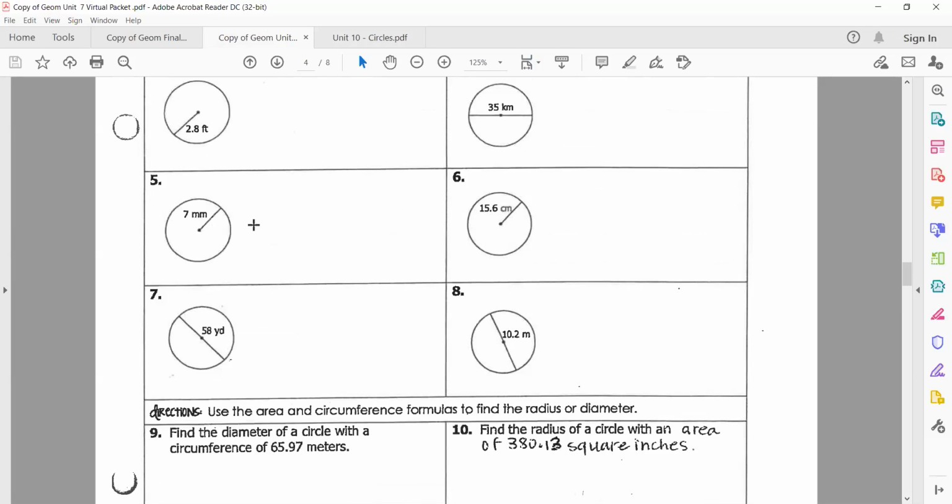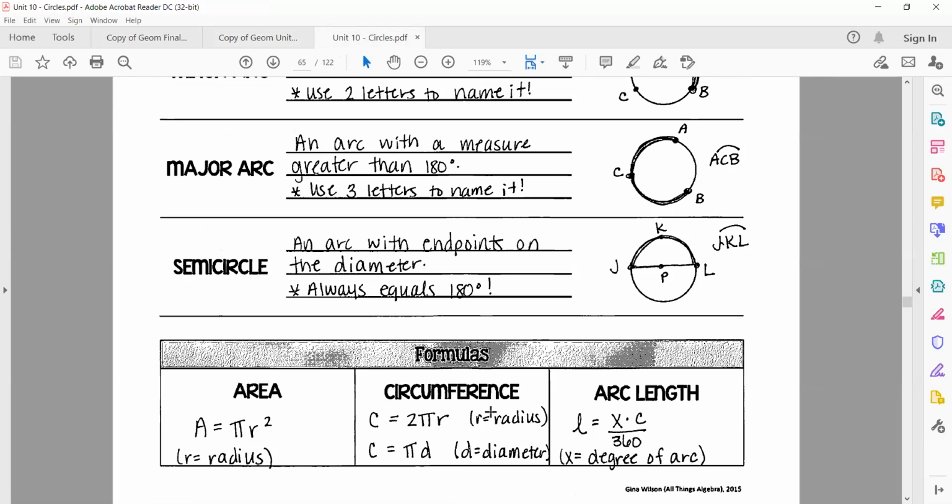So we're going to have to multiply these numbers by 2. 2 times 7 times pi. That's going to give us the circumference. 7 and 8, though, we don't have to multiply these by 2 because we have the diameter. Because the diameter is 2 times the radius. That's why they write the equation slightly different, because it kind of depends on what information you're given.